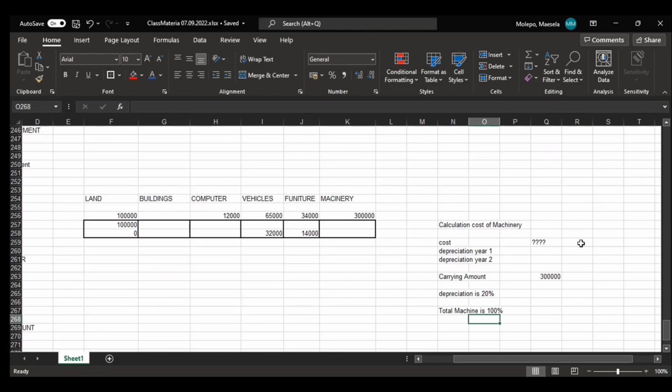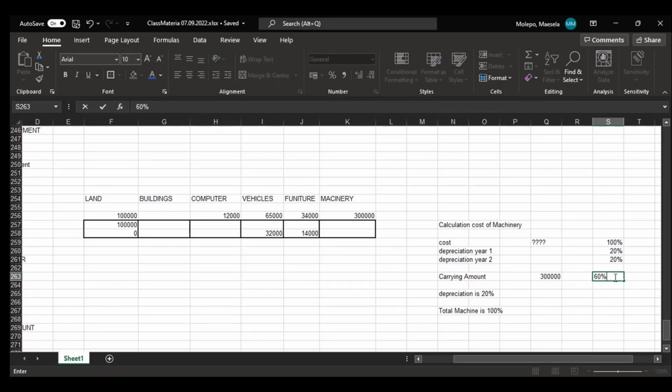So meaning the 100% here, 100% here minus 20% here minus another 20% here, then we will remain with what? 60%. With 60%. We are all clear, right?